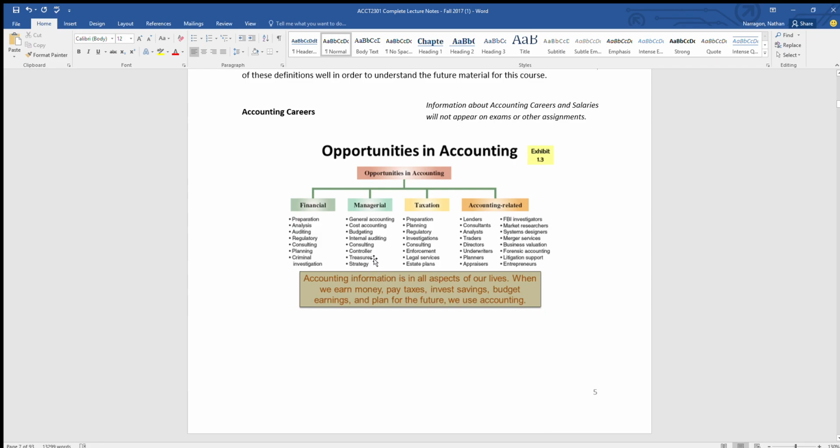Managerial, you have treasurers, CEOs, CFOs, they all have to know. Auditing. There are so many jobs that require accounting. So if you really want to expand your horizon and go anywhere, accounting is a good thing to know. You can go into nearly any field and accounting is needed.